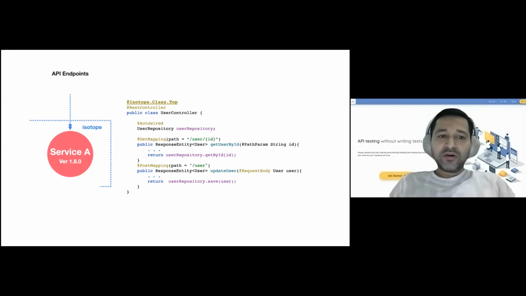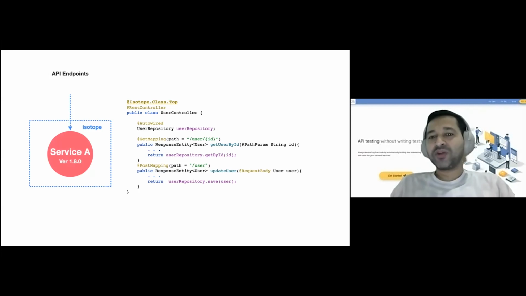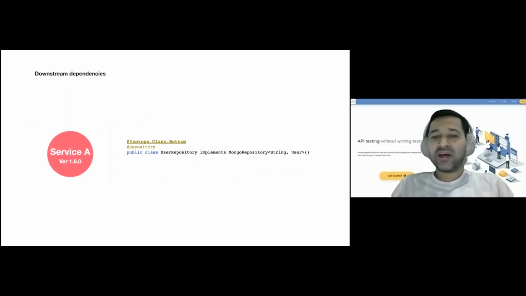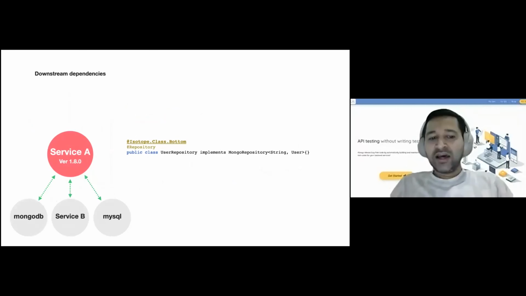As Isotope is now able to observe this, the task that remains is what do we do about the downstream dependencies? For the downstream dependencies, if you've got these repositories or external clients, you have a similar way of looking at them. You can annotate them with this bottom annotation, and then Isotope is able to observe the behavior of these downstream dependencies.